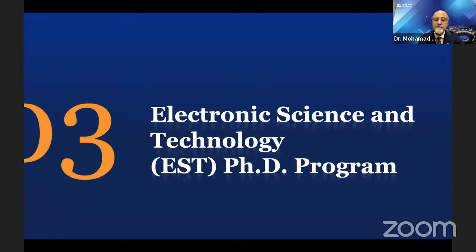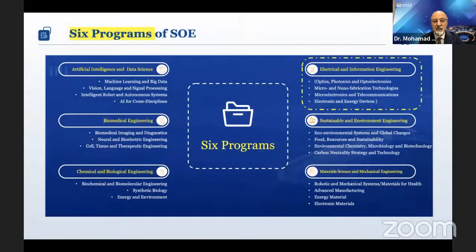In terms of where I am, the School of Engineering, you will see, has 6 parts. So I will mention those 6 parts or 6 programs. The first one is AI for data and data science. The second is biomedical. The third is chemical and biological engineering. We talk about electrical and information engineering. This is where I am, and I will elaborate.